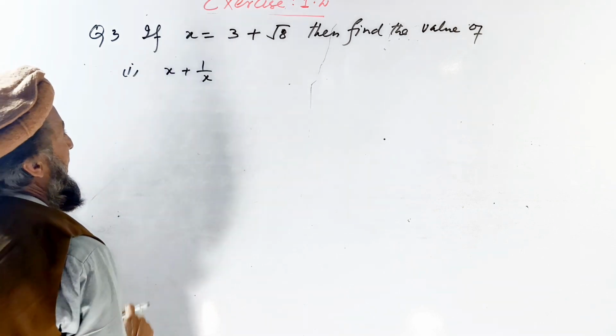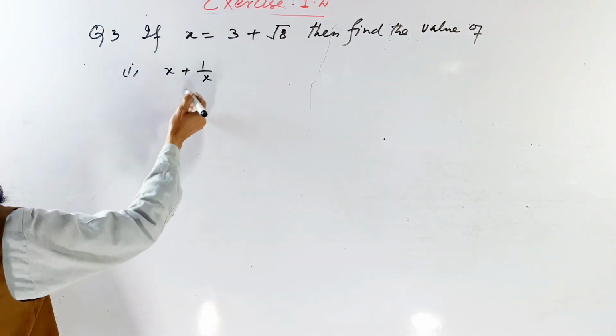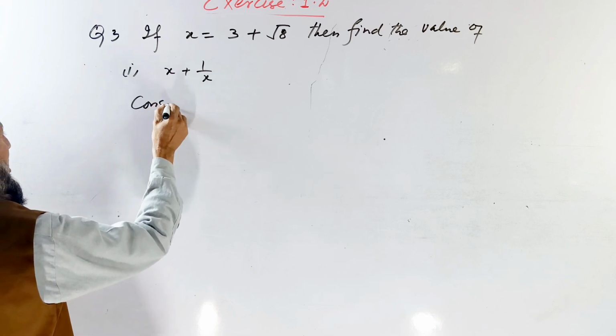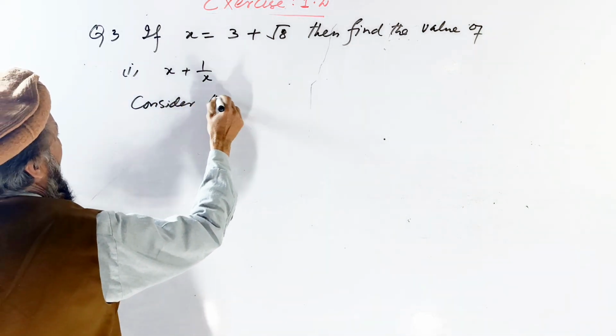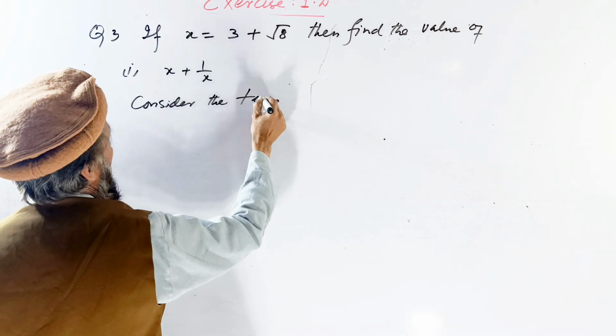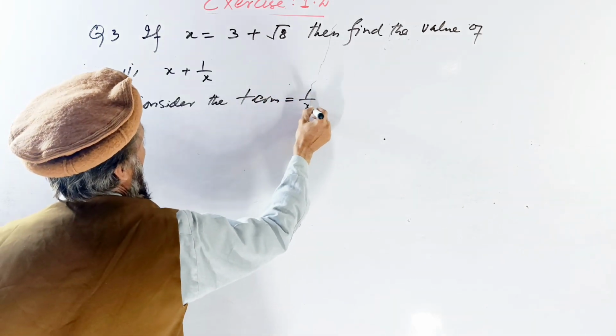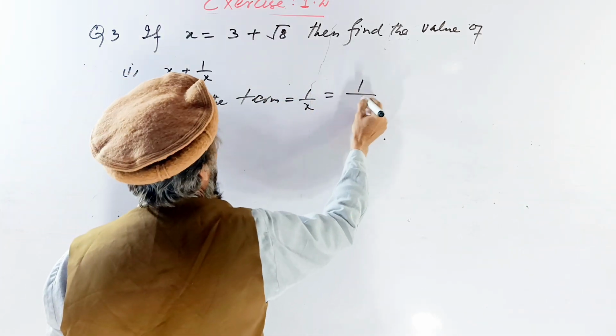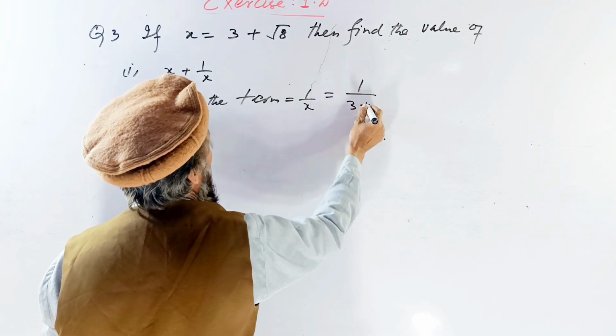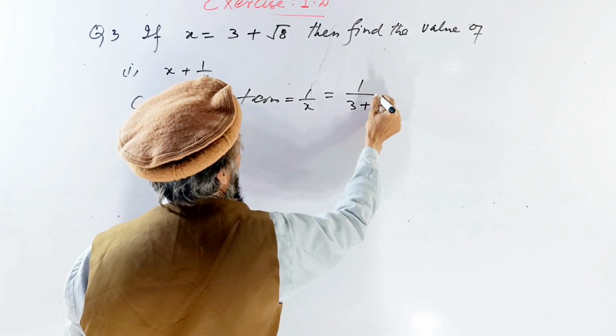First we consider the term 1 by x, and x is already given as 3 plus square root of 8.